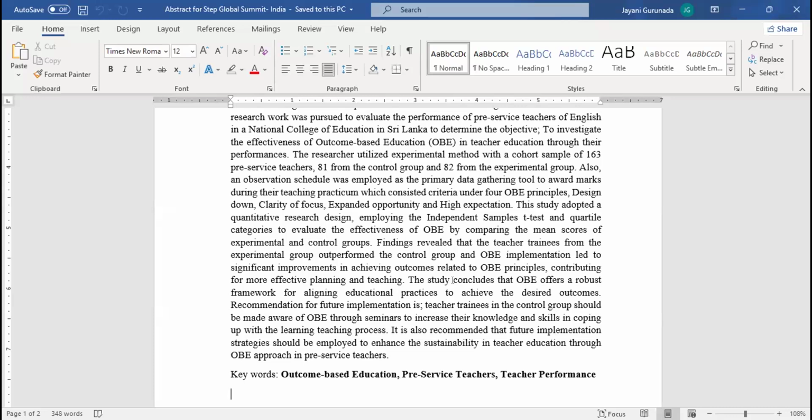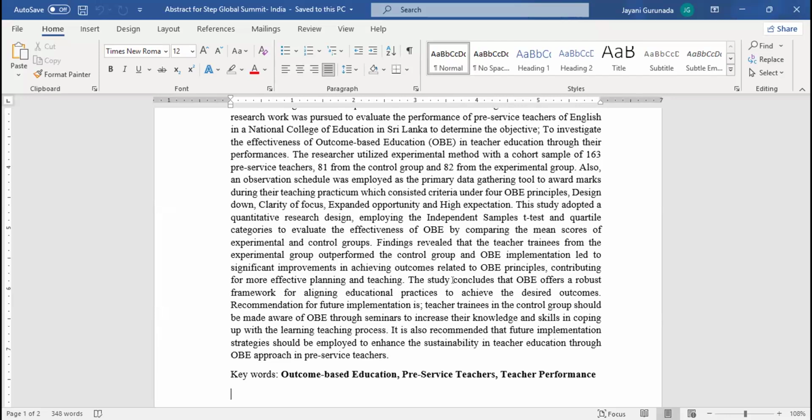You can write about your tools, right? If you have utilized many, you can write about them. Then also an observation schedule was employed as the primary data gathering tool to award marks during their teaching practicum, which consisted of criteria under 4 OBE principles: design down, clarity of focus, expanded opportunity, and high expectation.